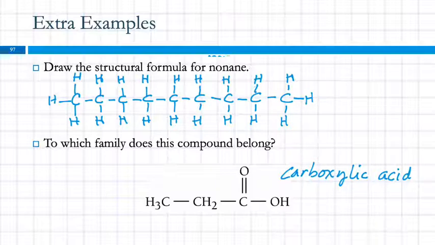Let's do a smaller example. Let's do pentane. So let's do it in a different color. So how many carbons? 5. So I'm going to make 5 carbons in a chain.